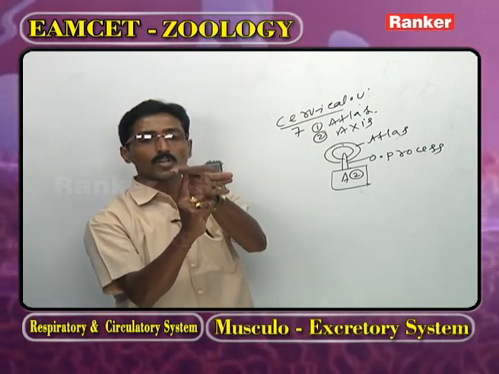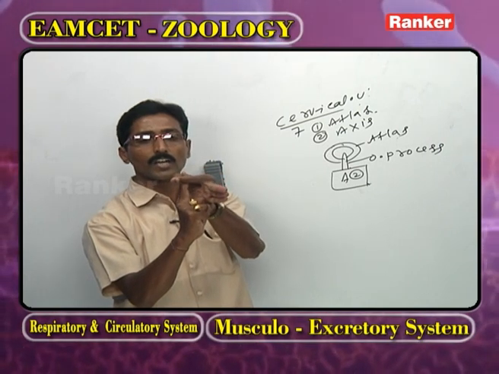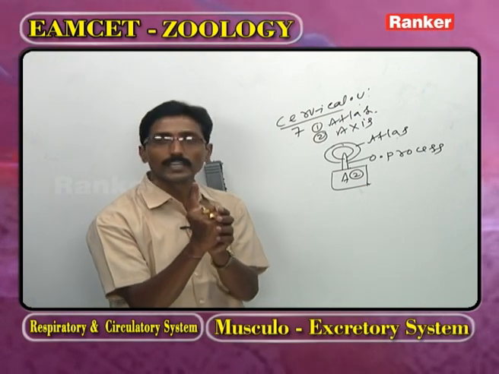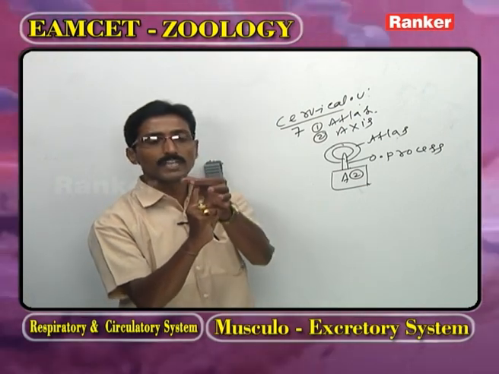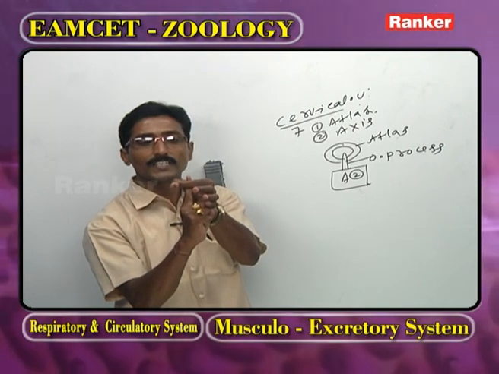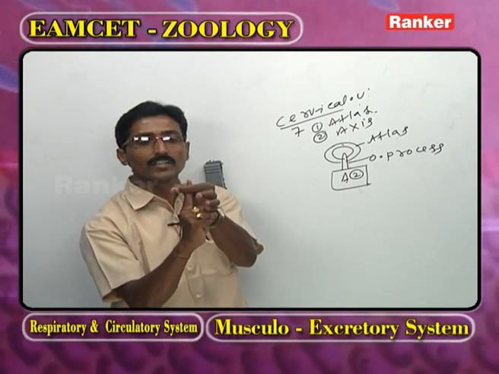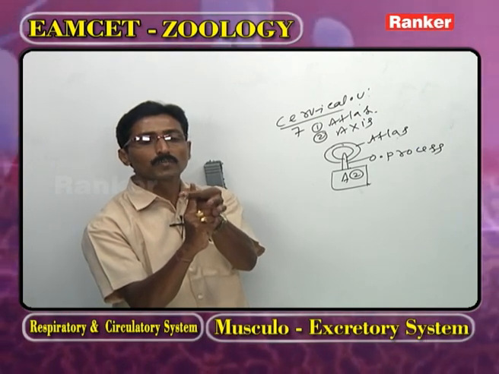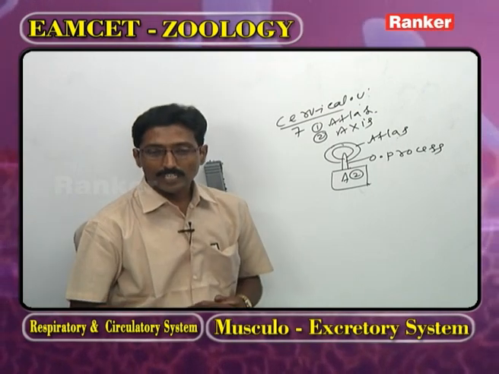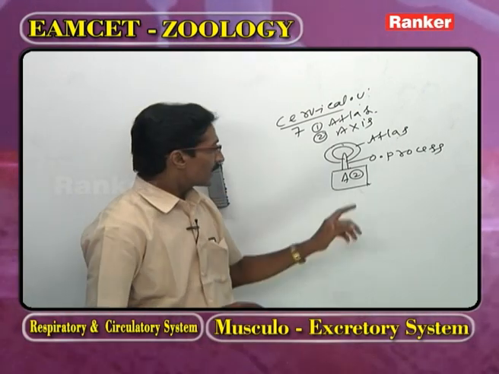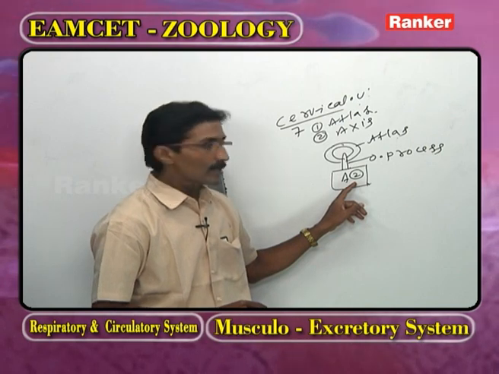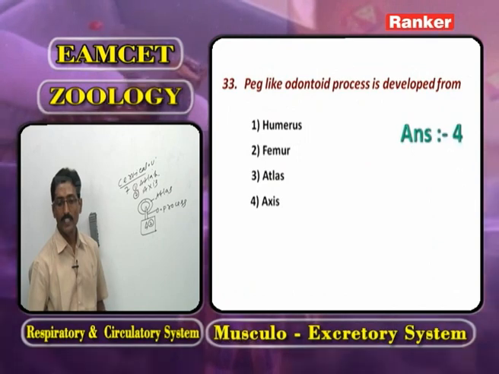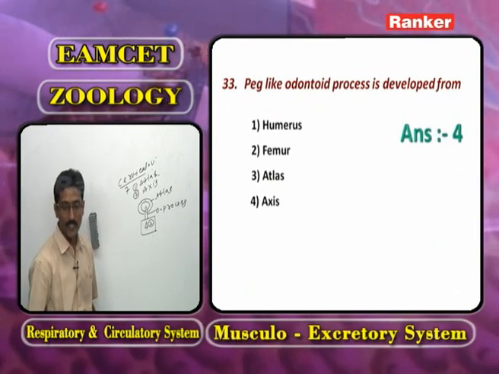On the odontoid process, the ring-like atlas rotates so that we can move our head in rotatory motion, because on the atlas the head is present. Now here, the peg-like odontoid process is developed from what type of vertebra? Second. That we call axis. Now the answer is the axis. Now we go for the next question.